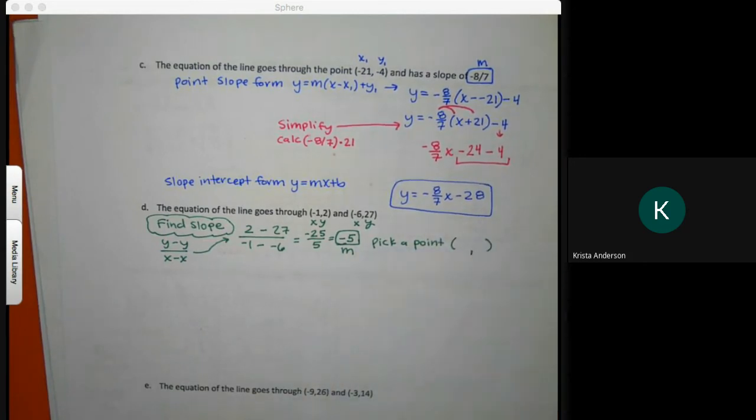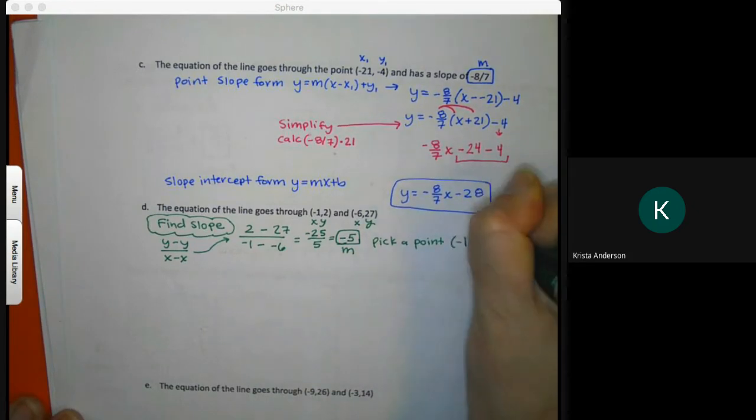And then I need to pick a point. Which point do you guys want to use? Does not matter which one. First one? All right, -1 and 2.